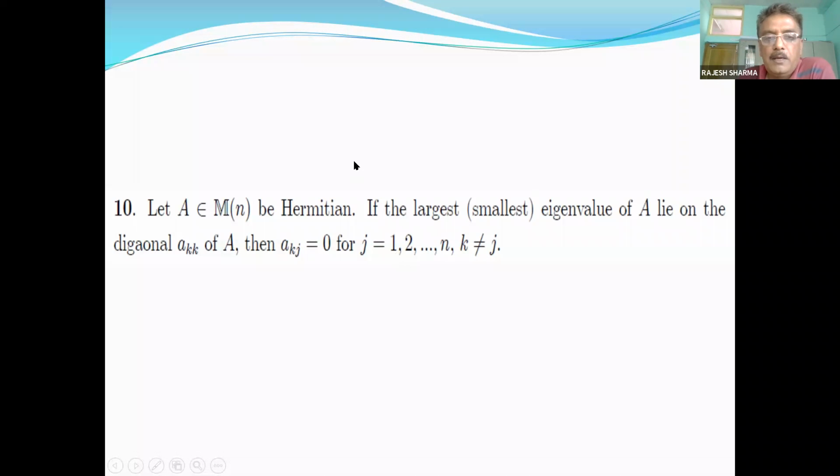This means, given that A is a Hermitian matrix, and we suppose that the diagonal entry is the largest eigenvalue or smallest eigenvalue, say the first diagonal entry is the largest eigenvalue, then all the other entries in the first row and first column are all 0.